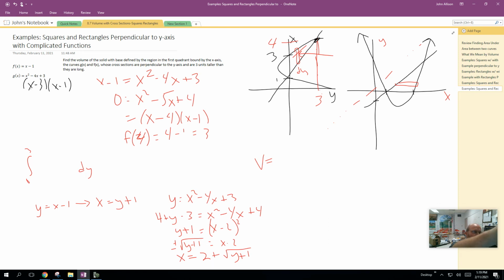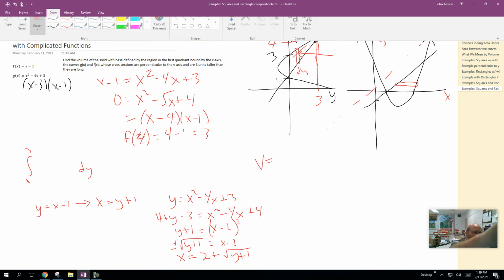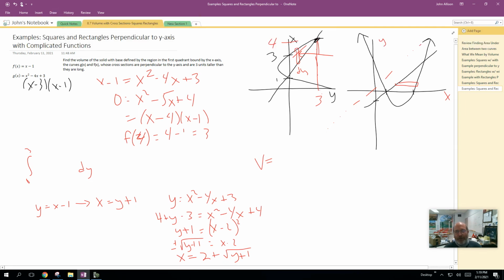So now we've got to figure out what exactly it is that we're going to integrate. Let's look at the cross section, and we need to figure out what the height of that is. So here, I'm going to take one rectangle, and the rectangle is 3 units taller than it is long.